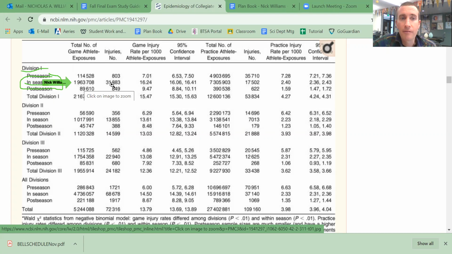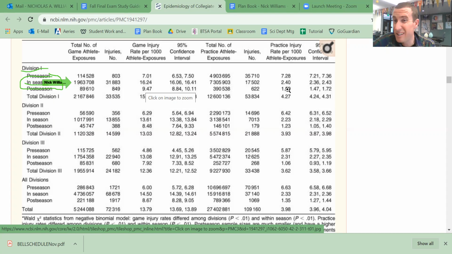And then I noticed that the number of injuries is way bigger in the games, 32,000 versus 17,500. But the one that really stands out to me is this game injury rate per 1,000 exposures. In the season, during games, athletes are getting hurt at 16 times per 1,000 exposures, and they're getting hurt in practice only 2.5 times per 1,000.